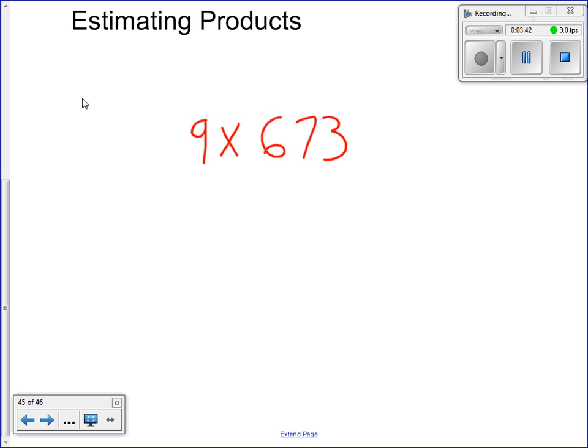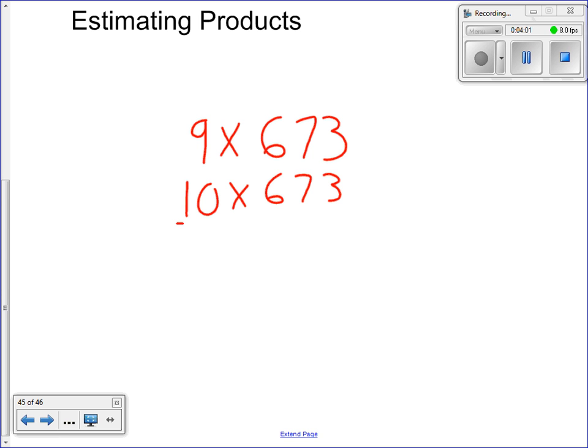What if we were to round the 9 to the closest 10? We would end up with a problem that would look like this. And now I should see some light bulbs going off, and you should see, oh, I'm just multiplying by 10.